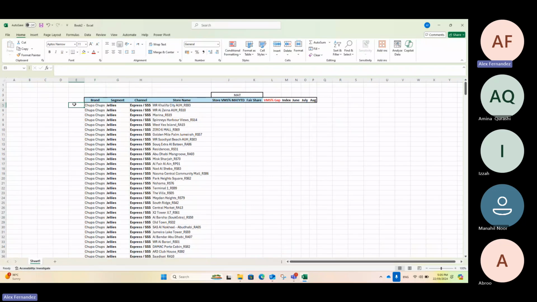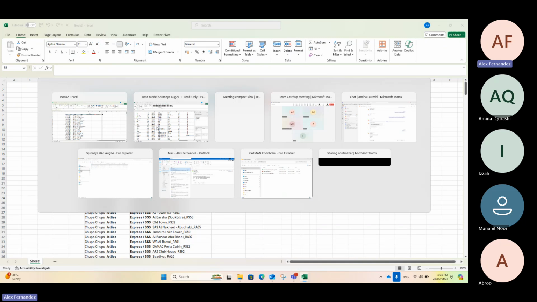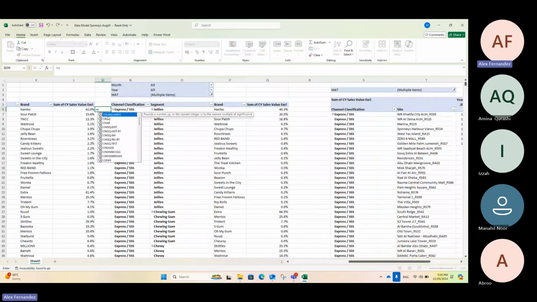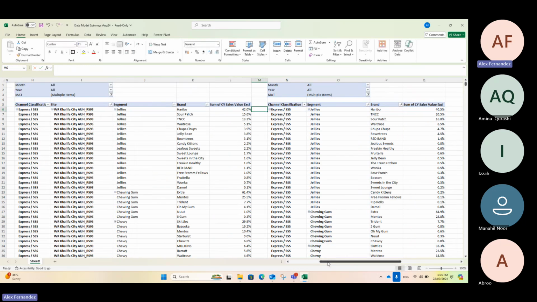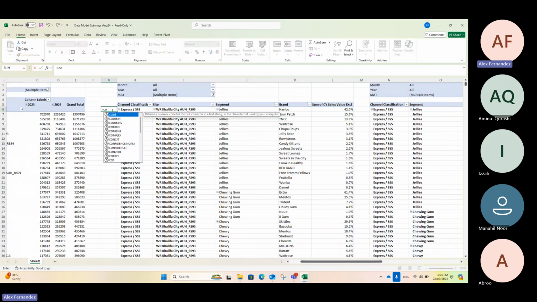So as you rightly said, we do concat. First of all, we do concat here. Concat channel, store, segment, brand.